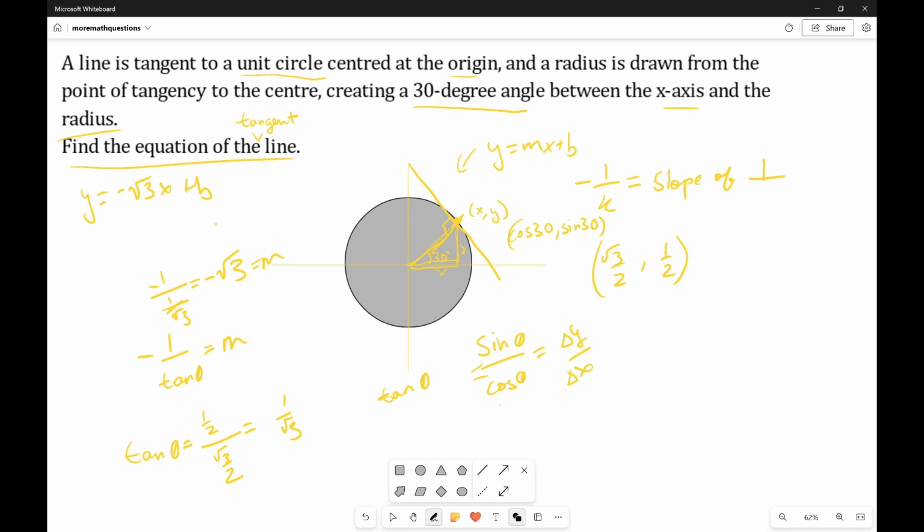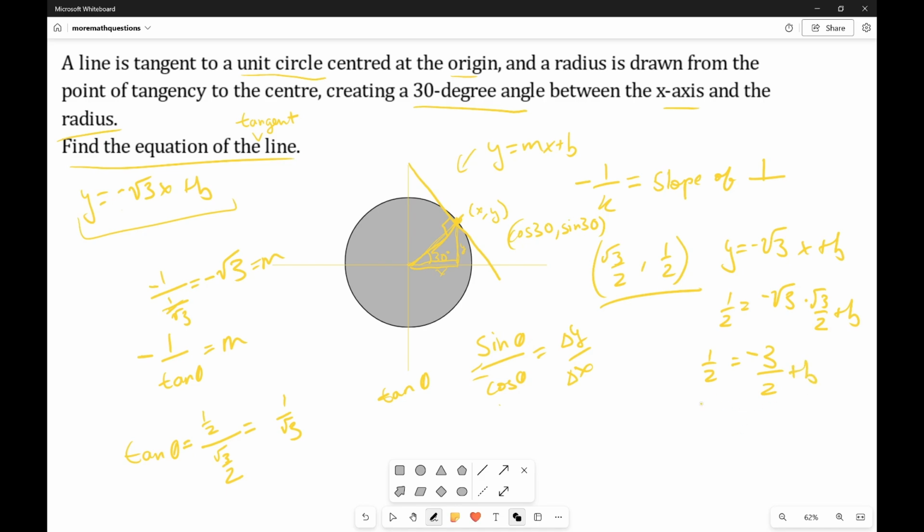Now let's plug in our point right here to find the value of b. Let's bring this equation over here because there's more space. y is equal to negative root 3x plus b. Then we can say our y value, which is 1/2, is equal to negative root 3 times root 3 over 2 plus b, which will just give us 1/2 is equal to negative 3 over 2 plus b.